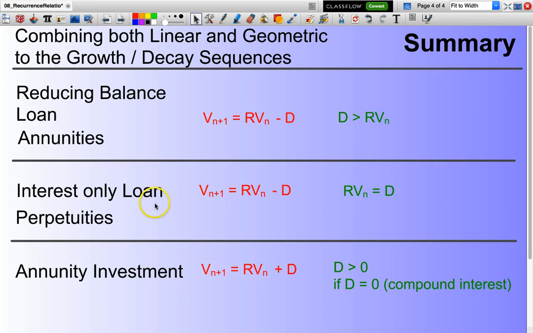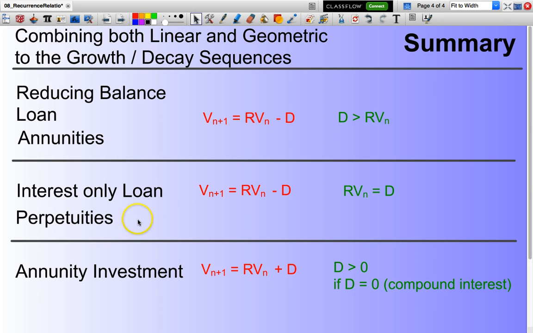Then we have what's called an interest-only loan. This is where you borrow money, for instance, to buy a house, and there you only pay back the interest. So you don't actually reduce the capital until the end of the loan.